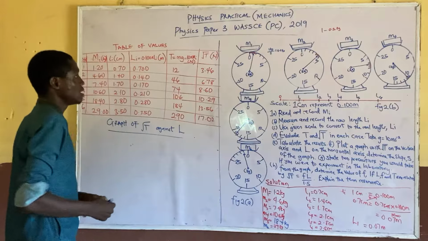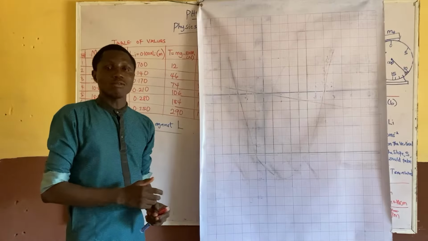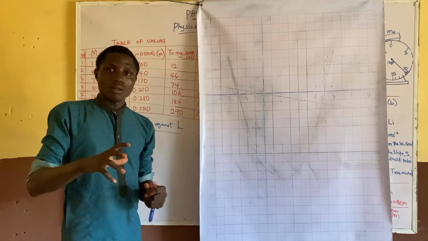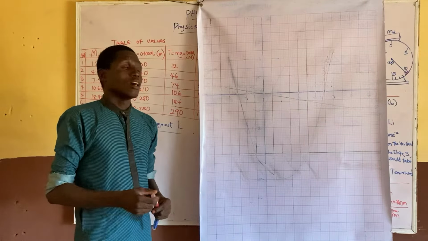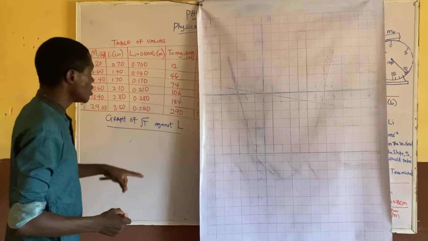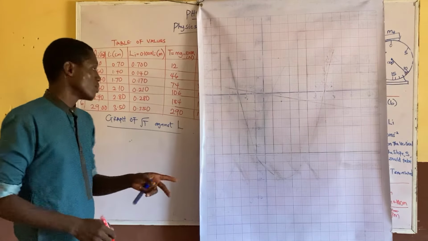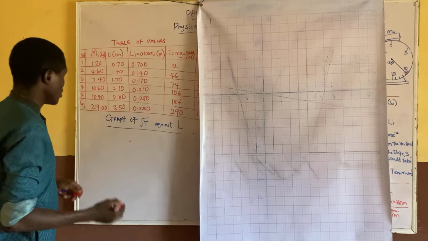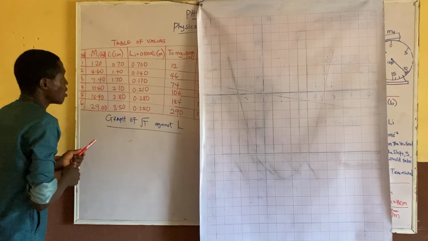We have to plot the graph of the square root of T, which is the tension, against the length of the wire. So the square root of the tension in the wire against the length of the wire. So we have to write out our table of values.